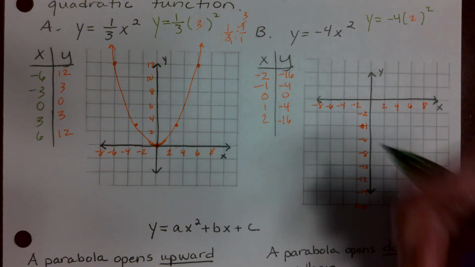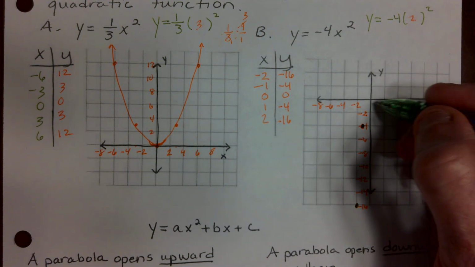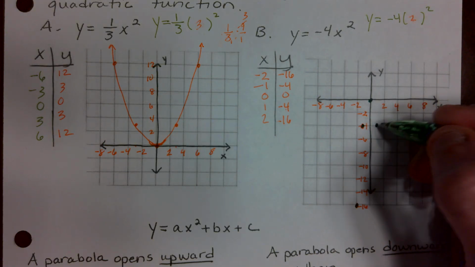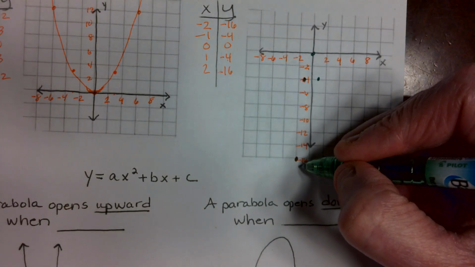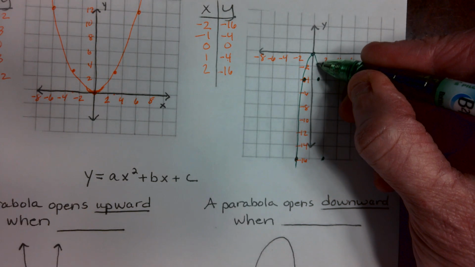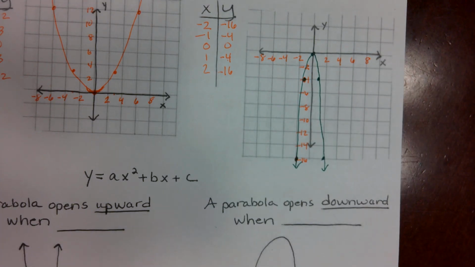Let's use a different color. Right here and right here. And then 0, 0 is here. And then 1, -4 is here. And then 2, -16 is down here. So that's a very sharp curve. All right. There you go. Yours probably looks better than mine.